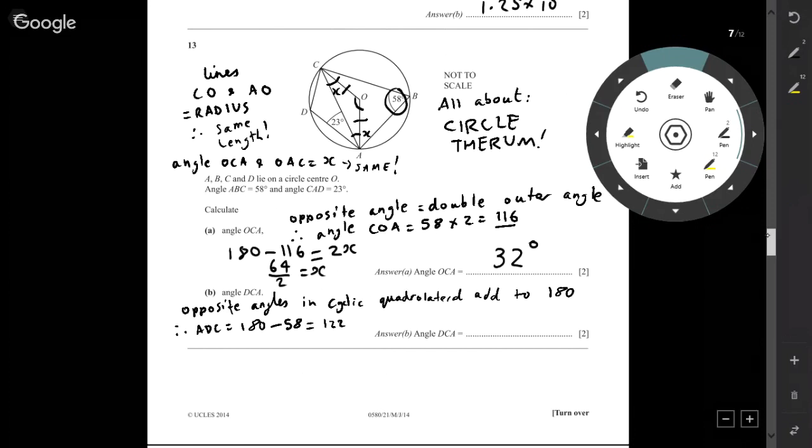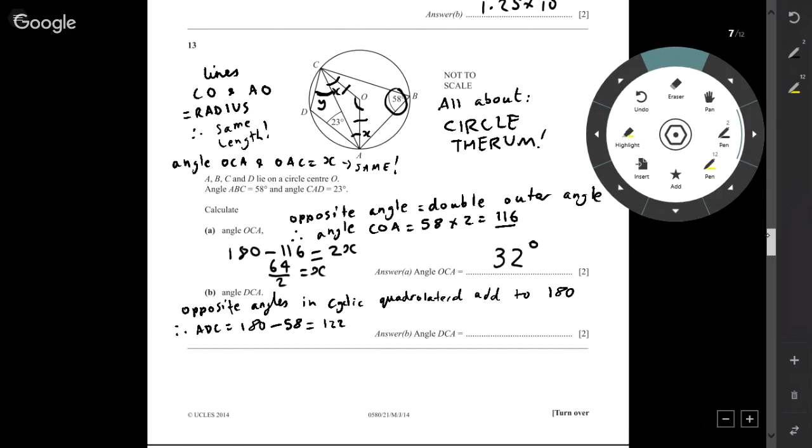The next angle they want us to find is DCA. So it's this one here. We'll call this y. Another circle theorem rule is that if there's a quadrilateral in a circle, the opposite angles add to 180. So to find this angle, we can do 180 minus 58, which is 122.